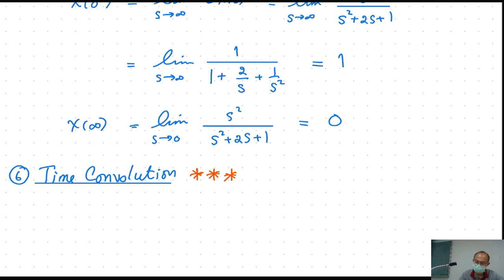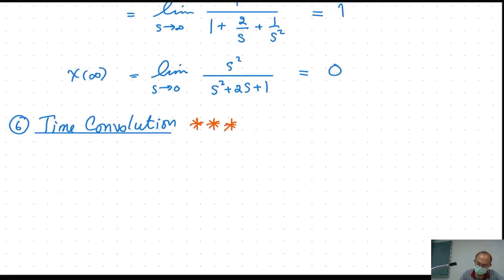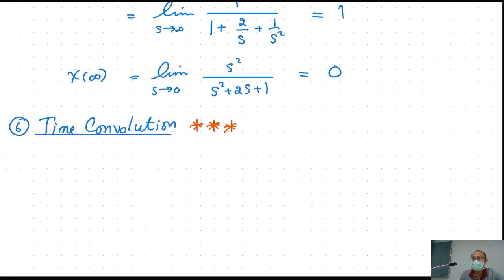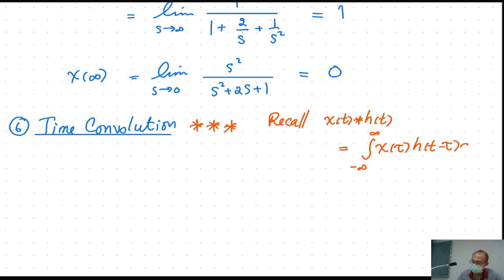Remember time convolution, the convolution integral. Recall this. If we do x(t) convolution with h(t), this is just the integration from negative infinity to infinity of x(tau) h(t minus tau) d tau.